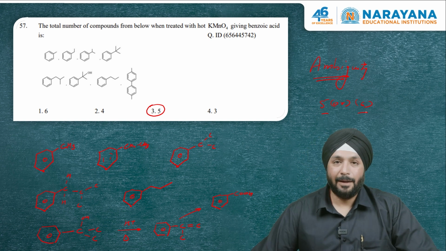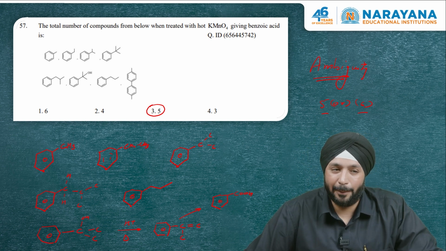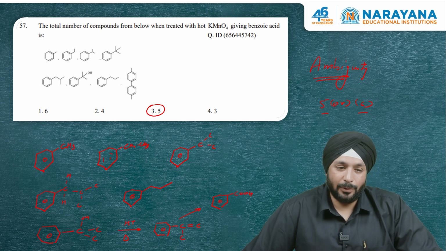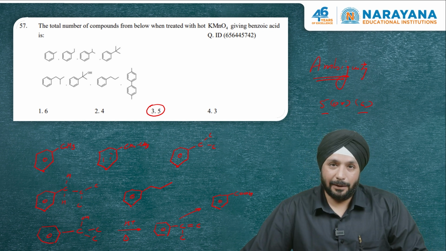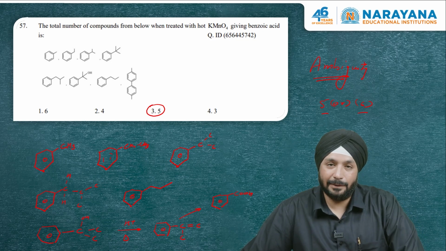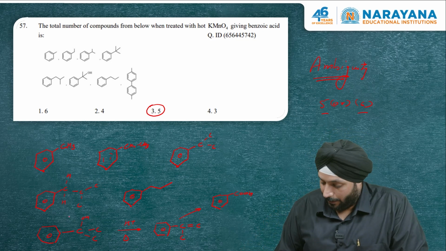Hope you understood the solution of this question. Sometimes there exist some ambiguous questions in JEE Mains, so we should always follow the general pathway, which is generally given in NCERT. We'll follow the general perspective to answer the question. So we'll move ahead with the next question.